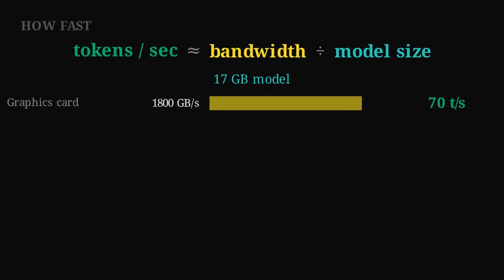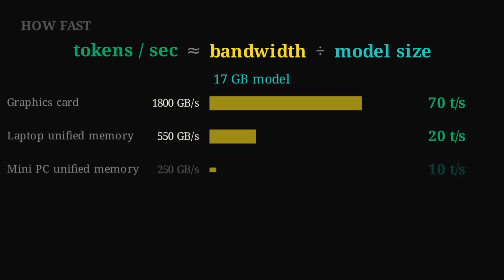A high-end graphics card moves around 1,800 gigabytes a second, which works out near 70 tokens a second. A laptop-class unified memory chip moves about 550, so you are looking at roughly 20. A large unified memory mini PC moves about 250, and you land near 10. Ordinary desktop system memory moves about 90, which leaves you around 3 tokens a second.